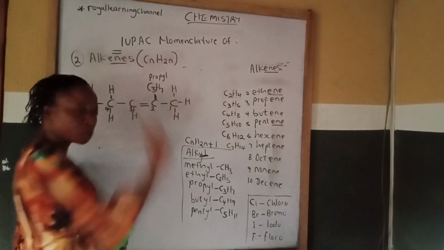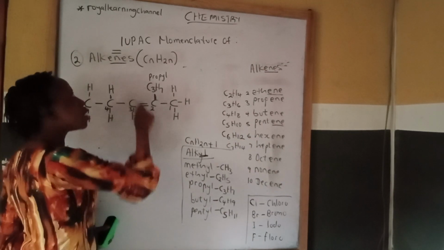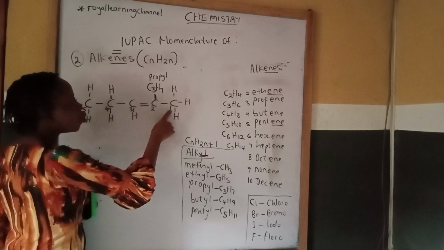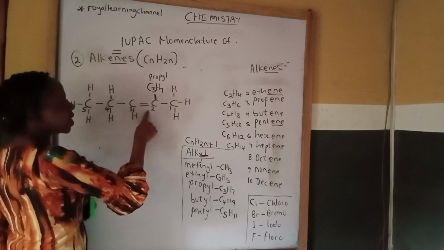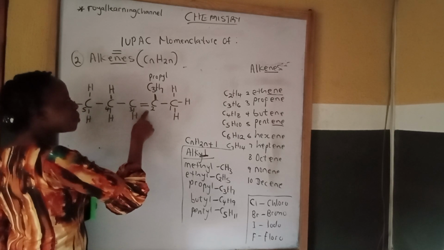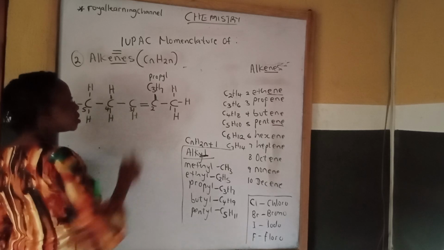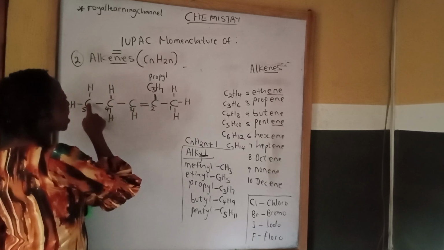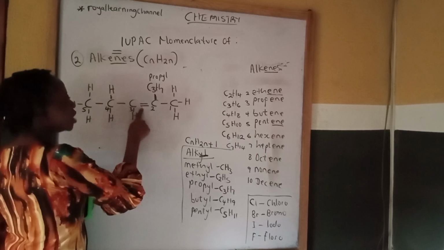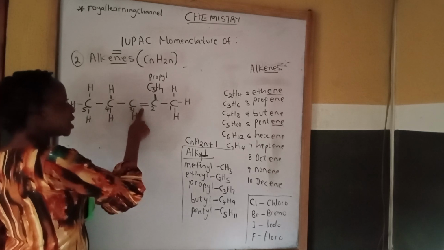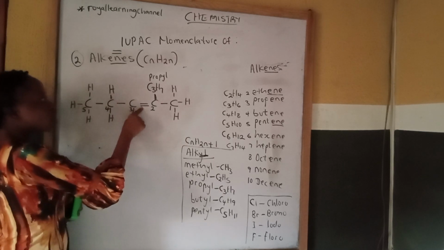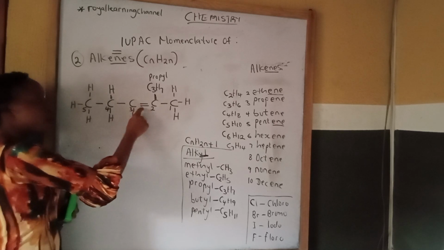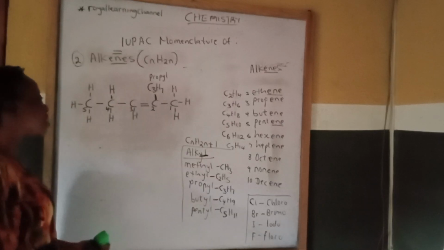Now, from this side, 1, 2, my substituent is on the second carbon atom. If I name from this side 1, 2, 3, my functional group will be on the third carbon atom. So the best position to name is from this side, because my functional group is on the second carbon atom from this side.